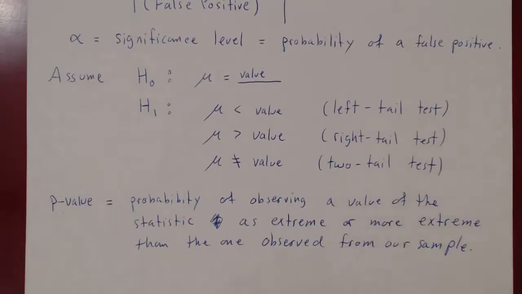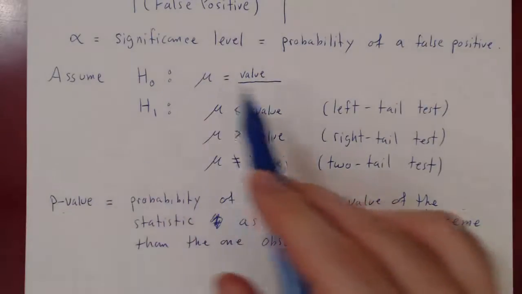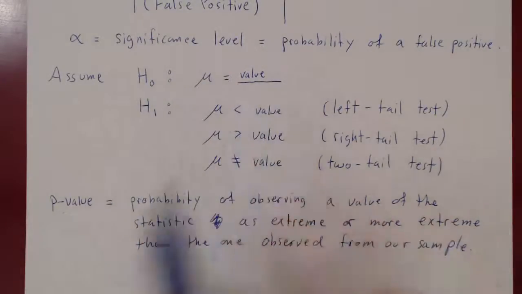Simply put, we will be assuming H0 is true, so giving the status quo hypothesis the benefit of the doubt. We will take a sample, a random sample, we will compute an observed value of a test statistic, and then we're simply going to ask, what is the probability of observing something as extreme or more than the one we have just observed?